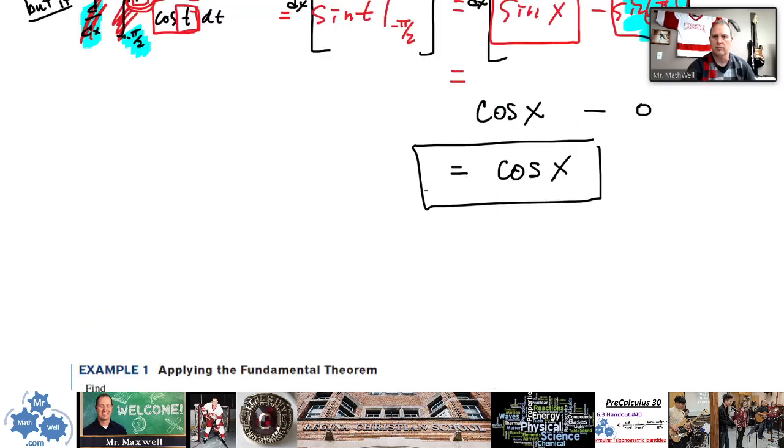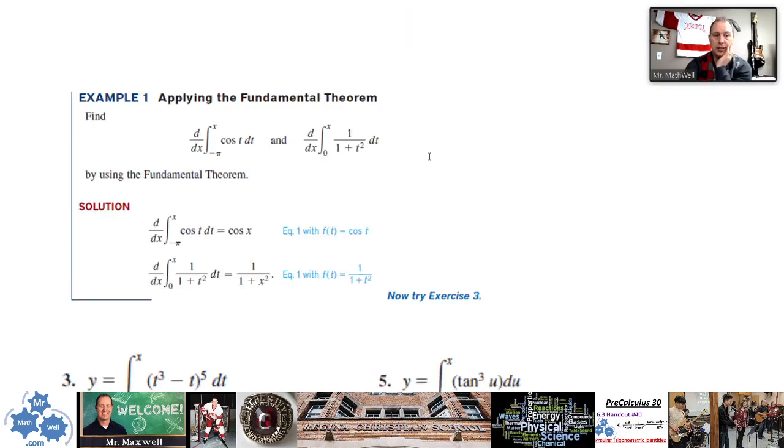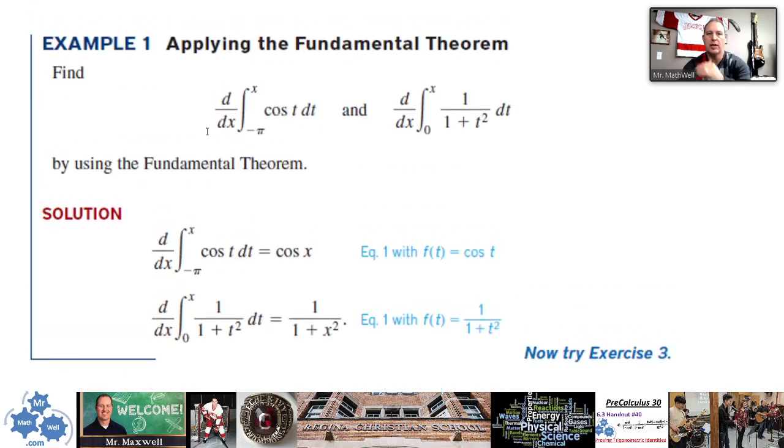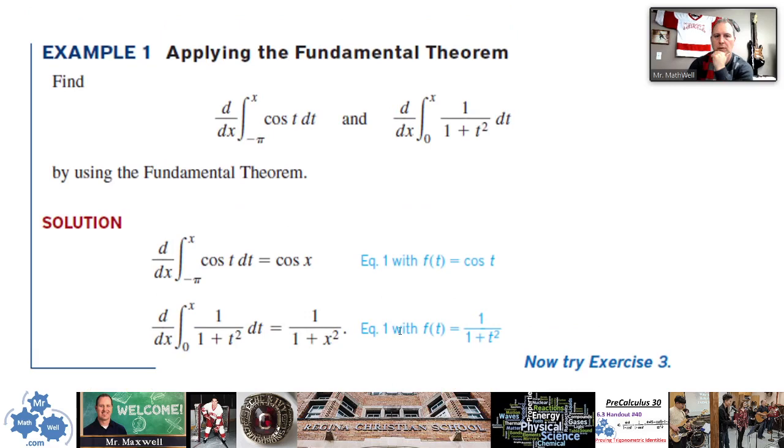Okay? Now, here's some examples here to follow that up. And this is what you're going to be seeing in your textbook and on your AP exam. When you have the derivative of an integral, you know that those are going to kind of balance, they're going to cancel each other out. And this should be a constant down here, which it is. And if this is a variable x, then simply this variable goes in here.